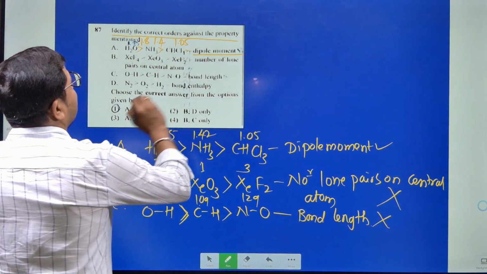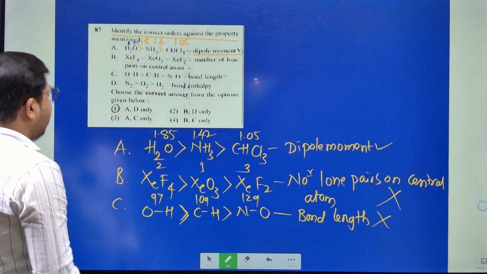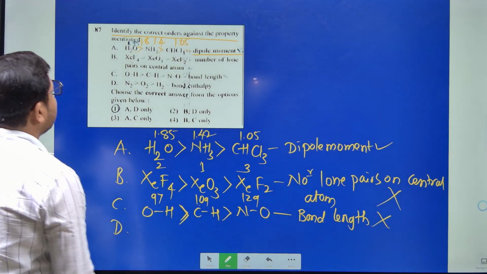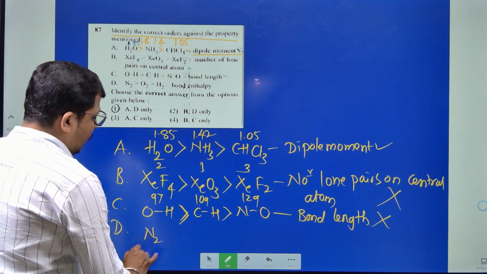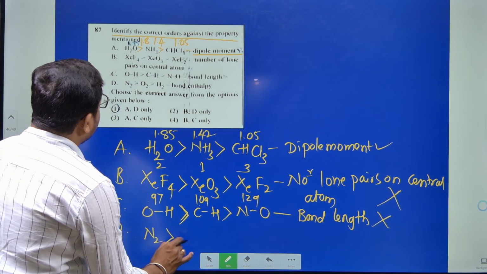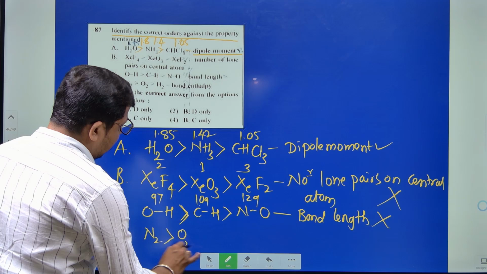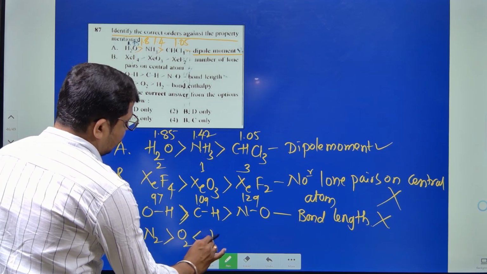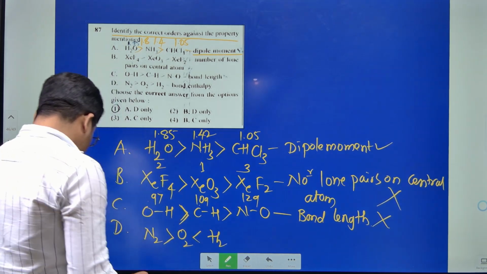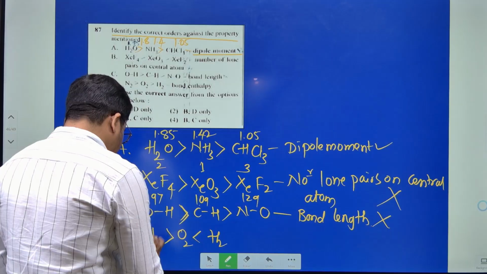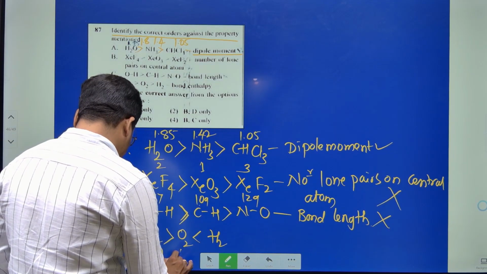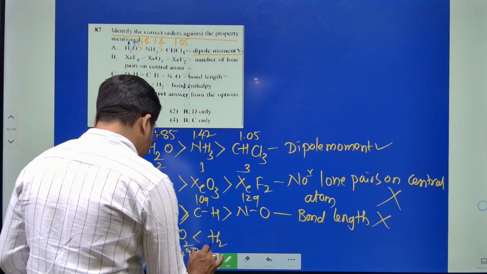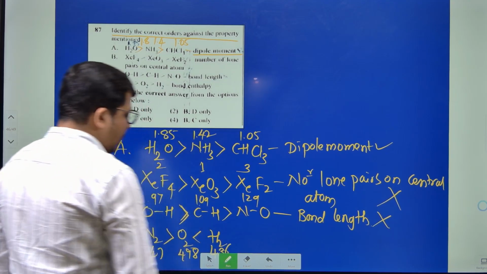And let's move to option D. The bond enthalpy of N2 greater than O2 greater than H2. The bond enthalpy of N2 is 947, O2 is 498, and this one is 436.